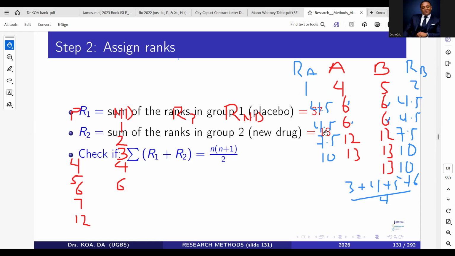When you add all of this together, you get some total rank. And then you add all of this one together, you get a total rank. When you add the two total ranks together, it should be equal to the sample size times the sample size plus 1 divided by 2. It should be equal here.